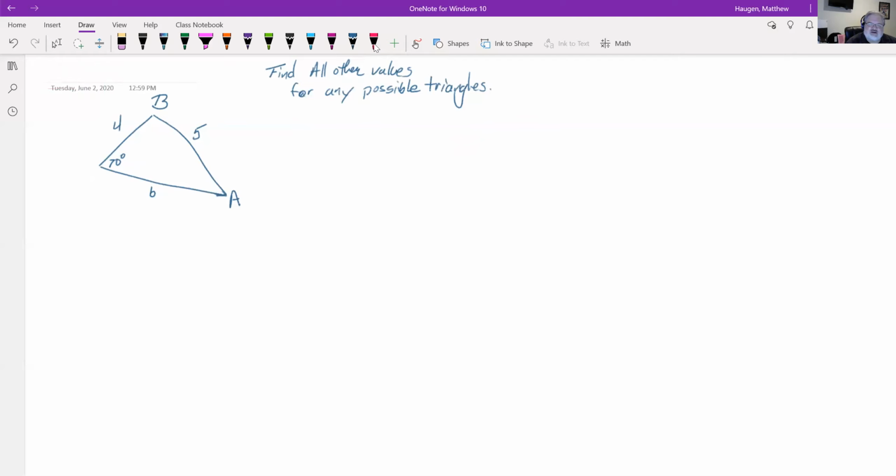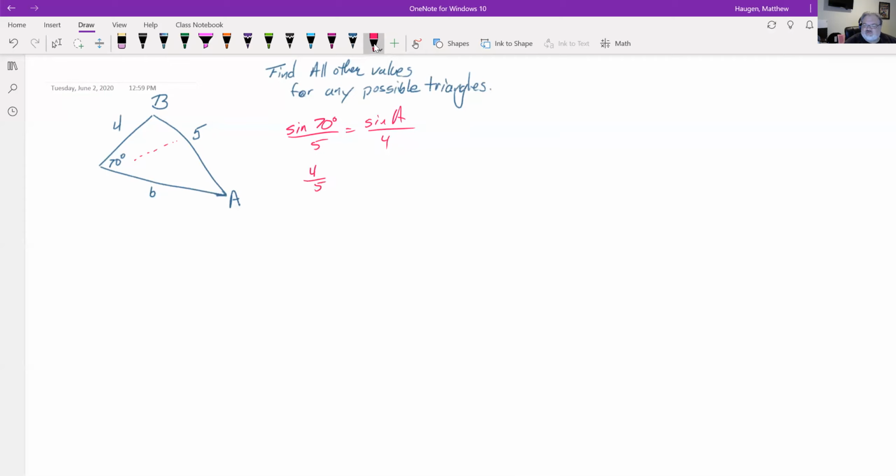Get the profanity off my screen. Because we have that opposite pair, using the law of sines, yes, we'll get the ambiguity, but we'll get it much nicer, much cleaner than we do trying to use law of cosines. So the sine of that 70 degrees in ratio to the 5 is equal to the sine of the A in ratio to the 4.